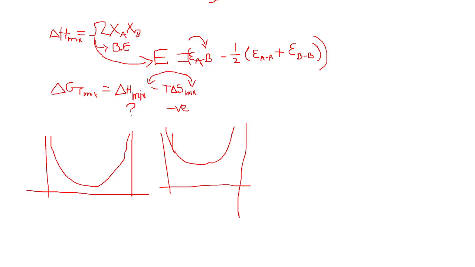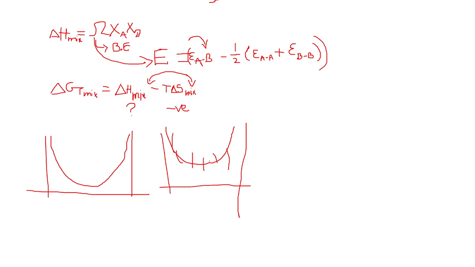Now, what happens if delta H mix is somewhat more dominant? If my delta H mix is dominant, then it will affect the curvature of this curve, right? So this curvature part is being affected by the delta H mix. We had a steep curvature; now we do not have that steep curvature.